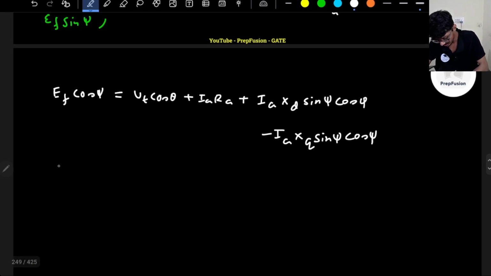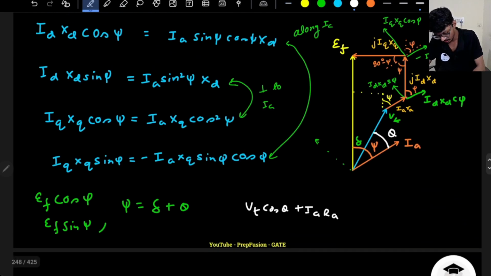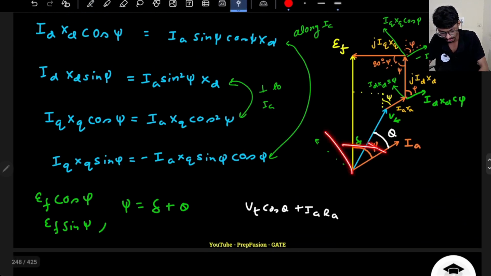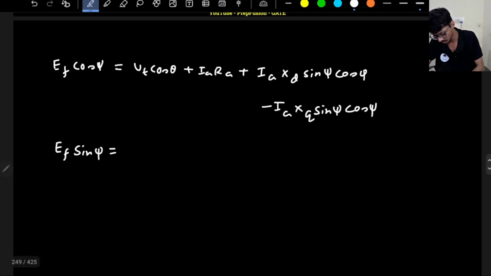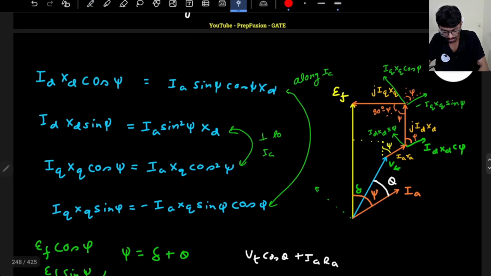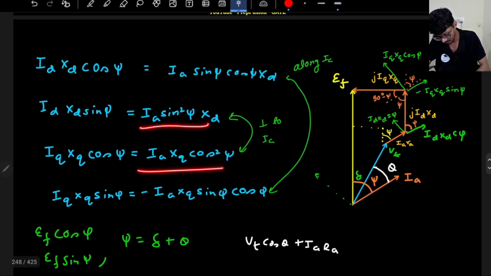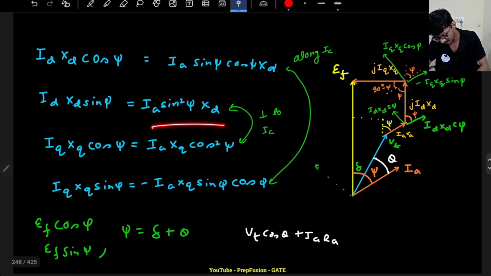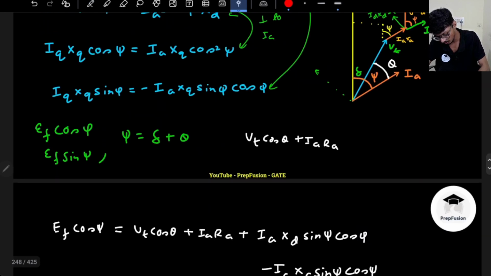What is my Ef sin xi? So my Ef sin xi is actually equal to this. First of all, again the same, Vt sin theta will be there, the perpendicular component, plus now this Ia Ra is gone, but what are the other components? These two components are getting added, that is these components and this component. So Ia Xd sin square theta plus Ia Xq cos square theta.